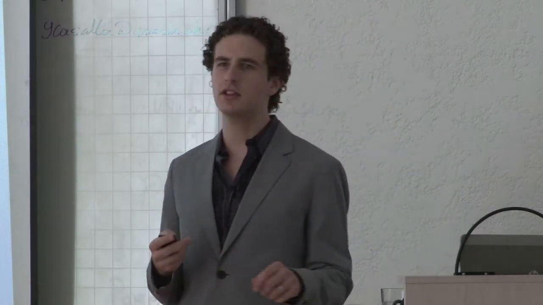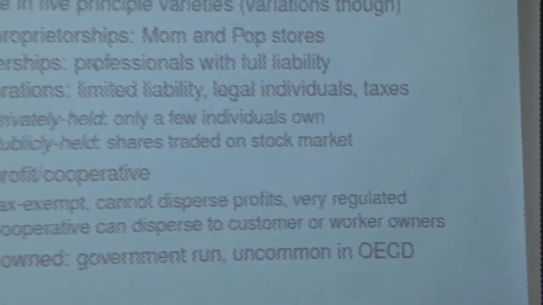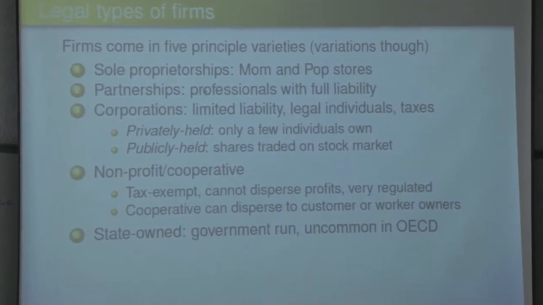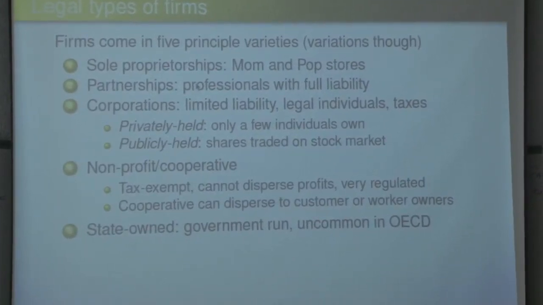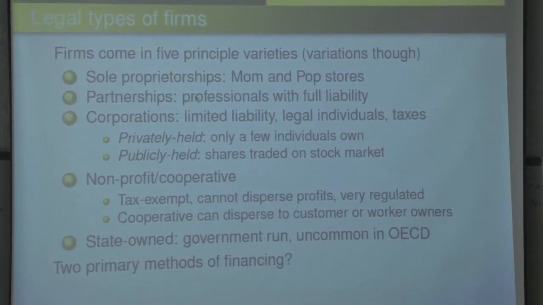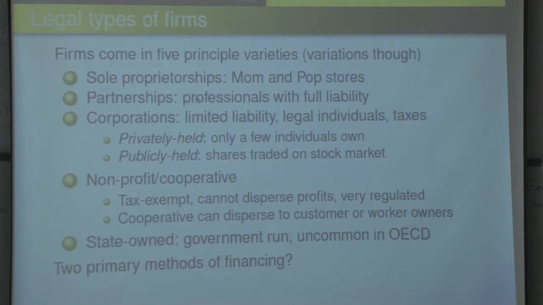Cooperatives, on the other hand, can disperse money outside of the company, but only to people who are consumers or workers at the company. Finally, and this is much less common these days in developed countries, are state-owned enterprises, which are run by the government. Okay, now let's focus on corporations, but this applies more broadly.